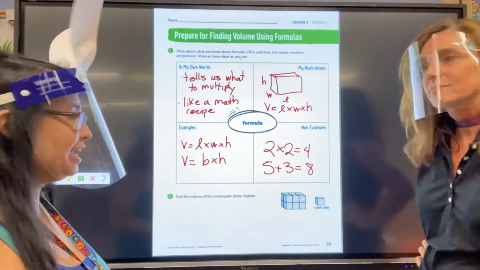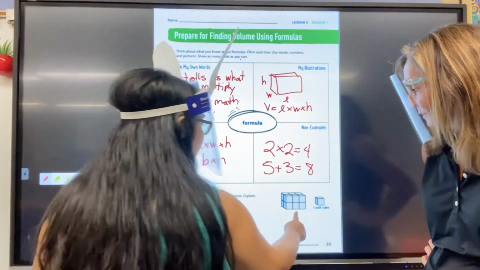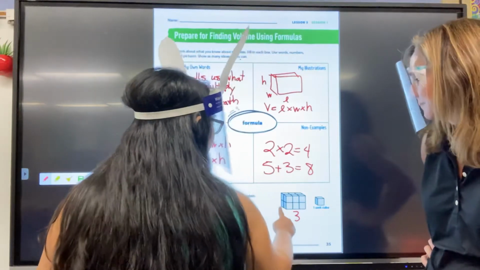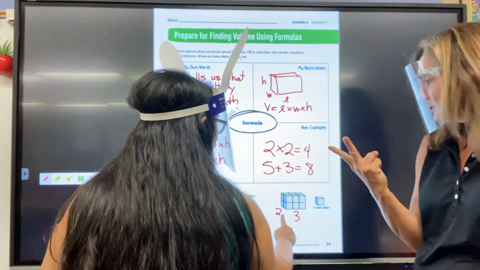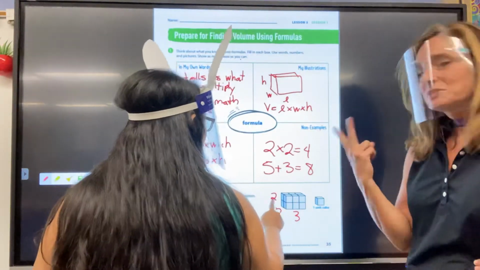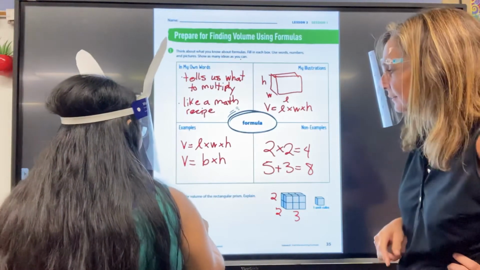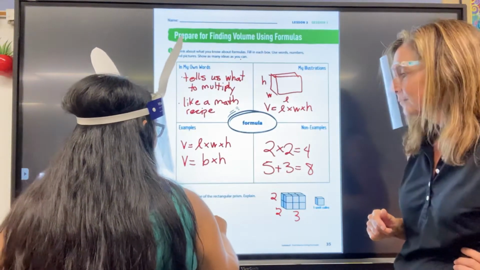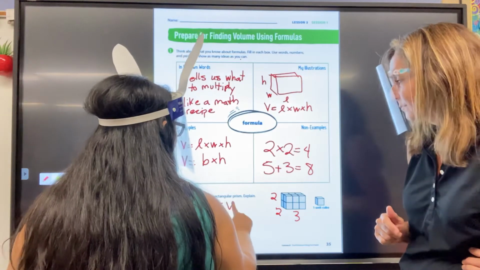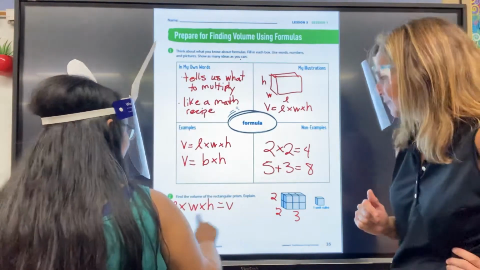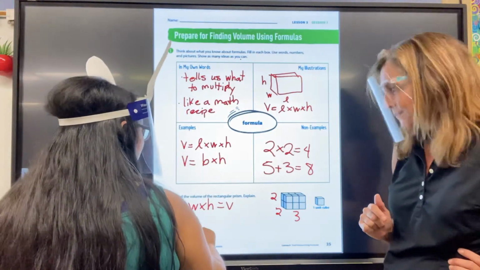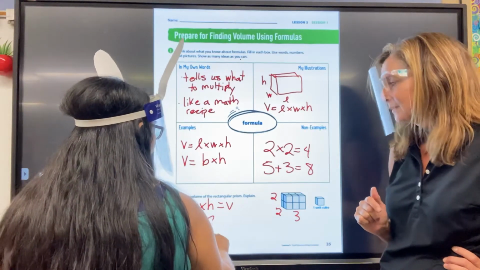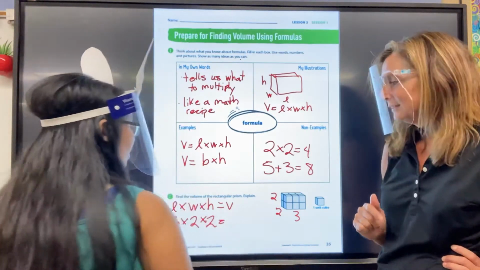All right. Number 2 says, find the volume of this rectangular prism and explain. Well, gosh, my explanation could be that the length is 3, the width is 2, and the height is 2. So length times width times height equals volume, which means that the length of 3 times the width of 2 times the height of 2 would equal our volume.